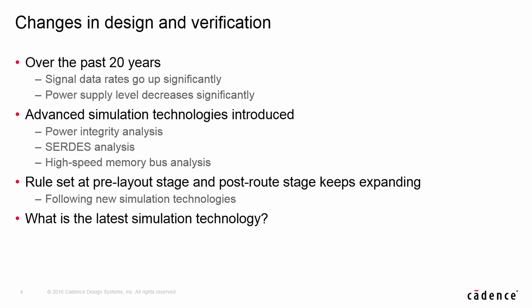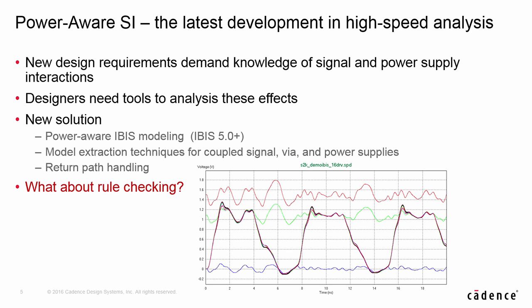More rules are introduced. For example, decoupling capacitor displacement rules for PI application and differential signal rules for serial link designs. With smaller noise margin on signal and power supply, designs today require simulation results of signal and power interactions.